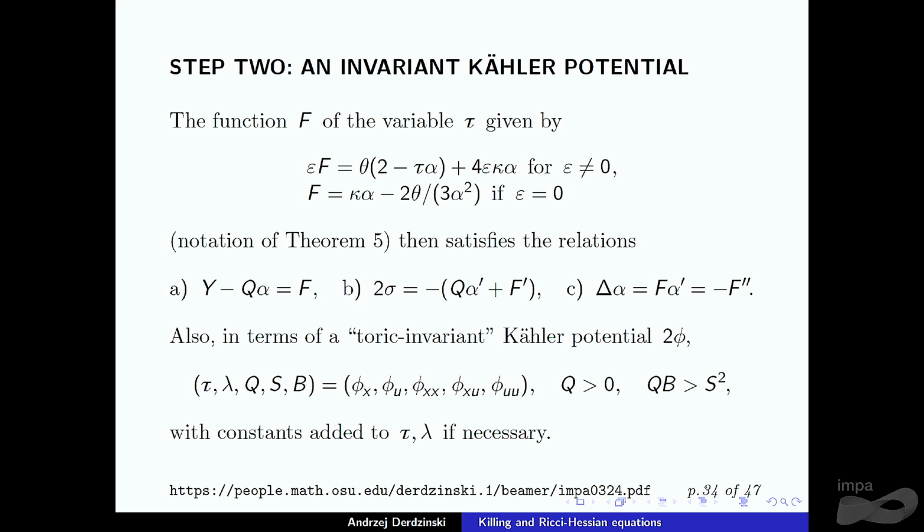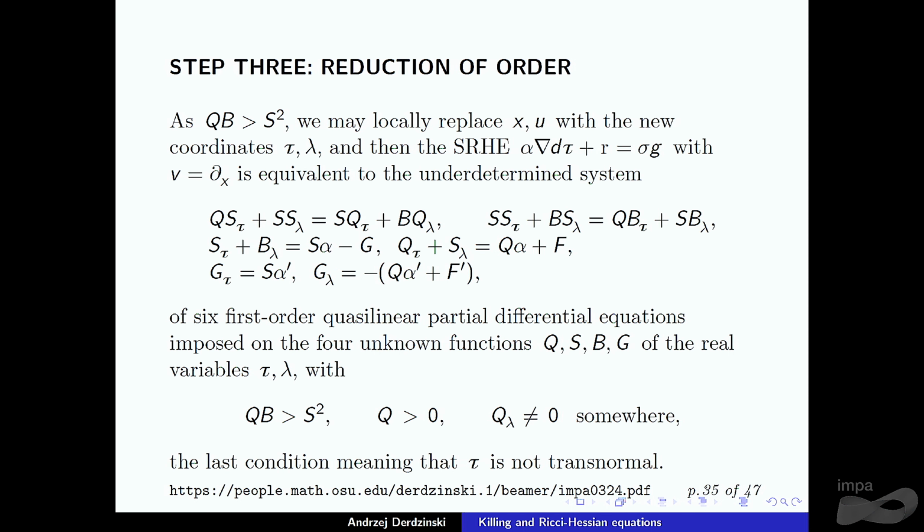And in terms of this, our question, what we're looking for, this equation we're trying to realize, becomes the following. It becomes a system first consisting of these 6 quasi-linear first-order partial differential equations. And there are some conditions. One says that the determinant of the metric is positive. And of course, Q would be, because of that, either positive or negative.